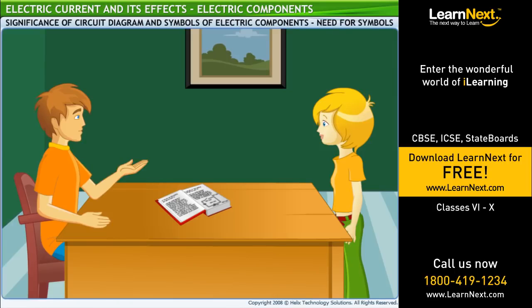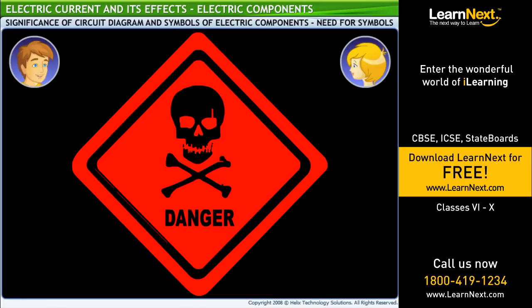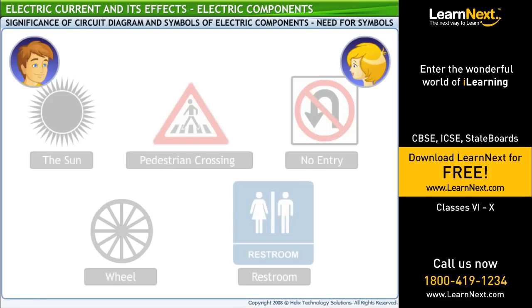Let me explain. If you think about it, you will realize that we use a lot of common symbols in our everyday life. Remember the symbol for danger shown on railway crossings or electric poles? Yeah. A skull and bones. That's a common enough symbol. Can you think of any other symbols that you have seen in your day-to-day life?